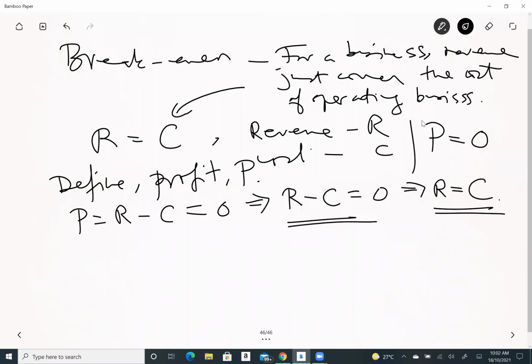Or we can just use profit. The profit is R minus C. So you can use these three things. At the end, it will be P equals zero, R equals C, R minus C. So if you start with R minus C, then that will lead to P, because P is R minus C.